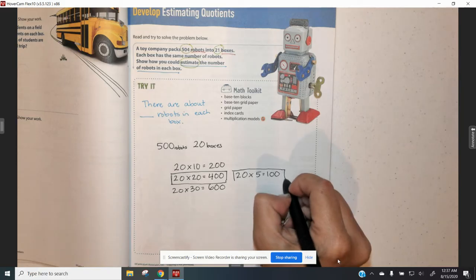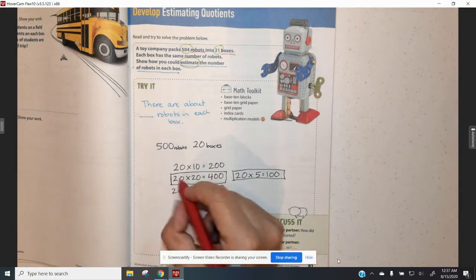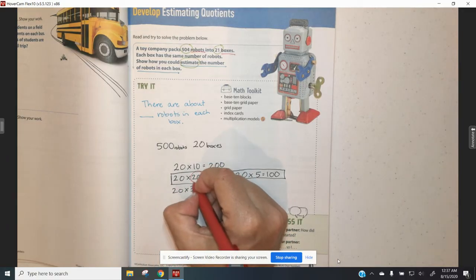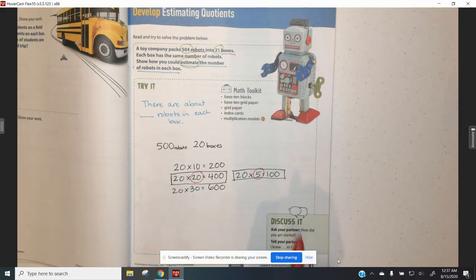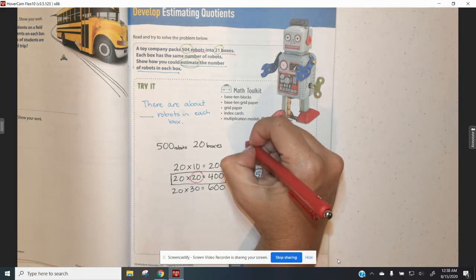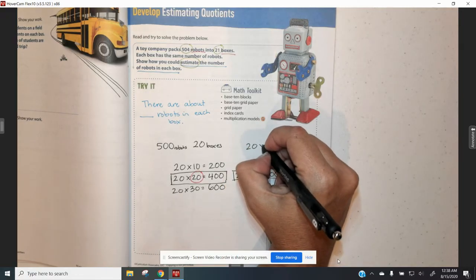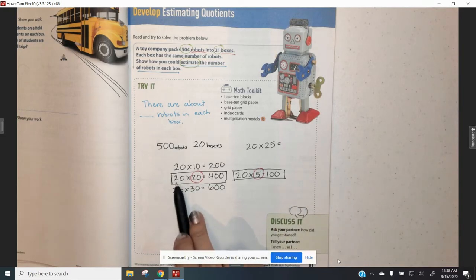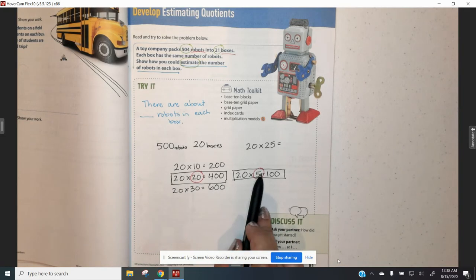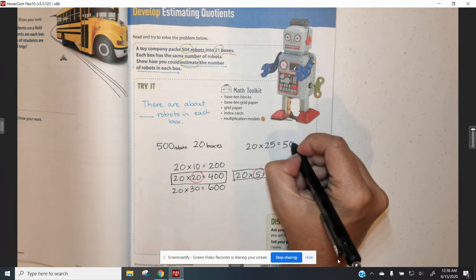So if I use those two values, I can take the 20 here and the 5 here, and I can say, I know that 20 times 25 equals 20 times 20 is 400, 20 times 5 is 100. So 20 times 25 would be 500.